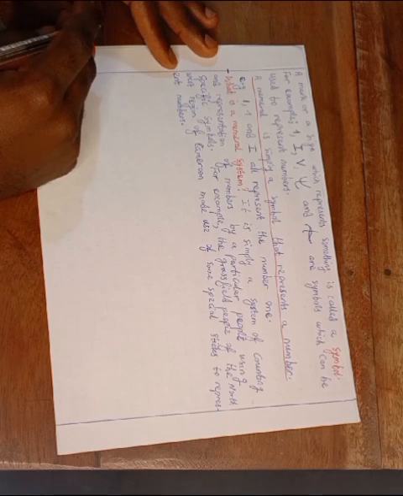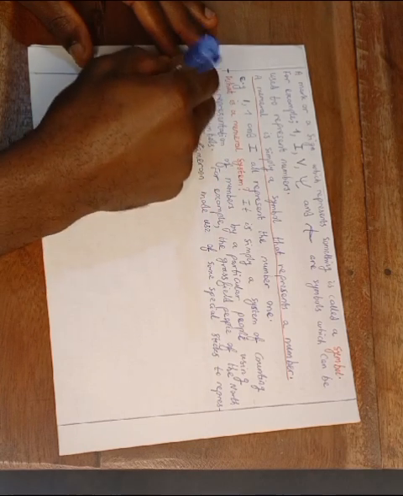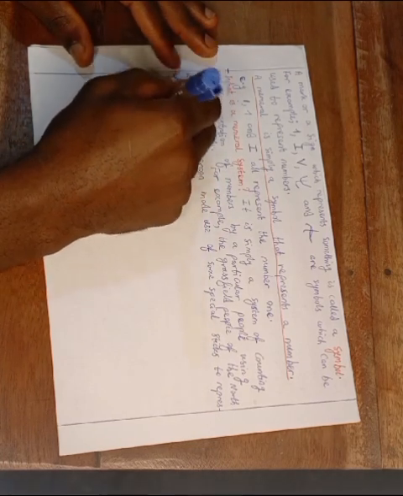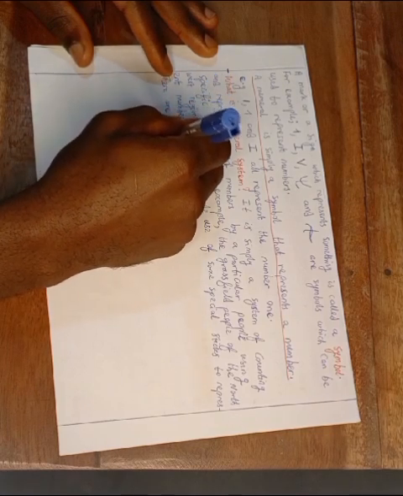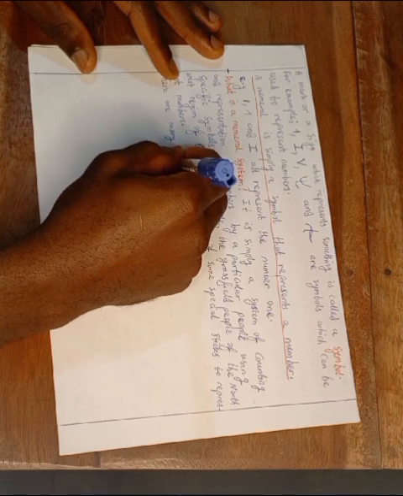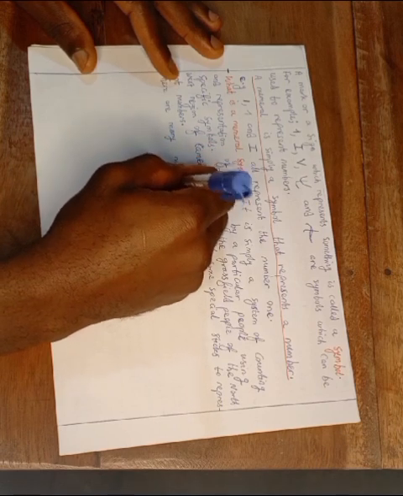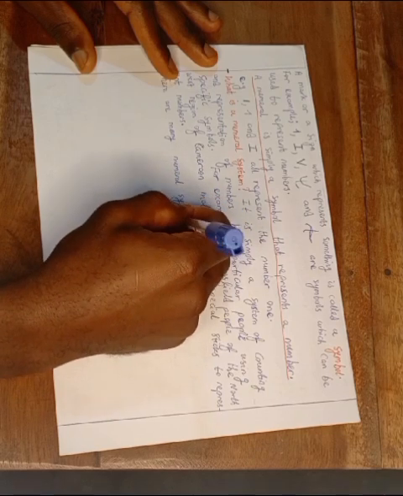So there are many numeral systems in the world. So many. So we are going to focus on the most important numeral systems, which are the Egyptian numeral system, the Roman numeral system, and the Hindu-Arabic numeral system.